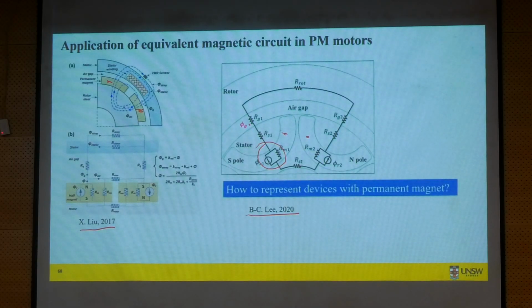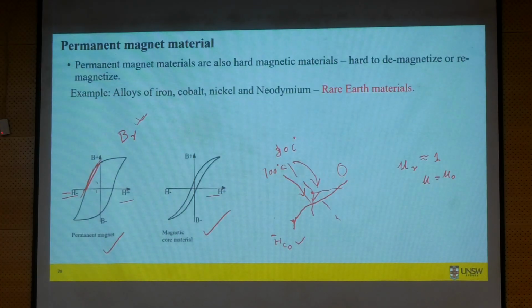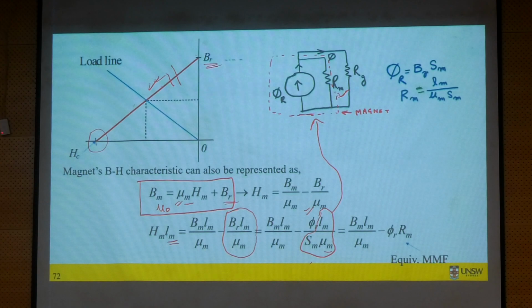In both cases, they represent it by a flux source and a reluctance. Here as well, a flux source in parallel with a reluctance. Okay, so the conventional method, the magnetic equivalent circuit, everyone knows it. We can use it to make at least an initial estimation of flux in permanent magnet motors as well. Okay, so that's the main thing from these few slides.